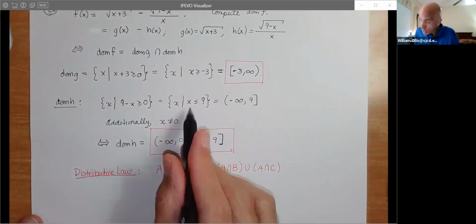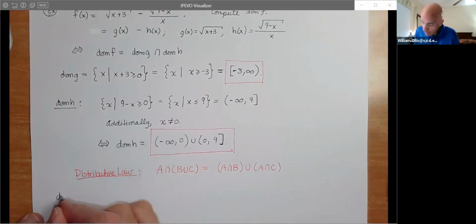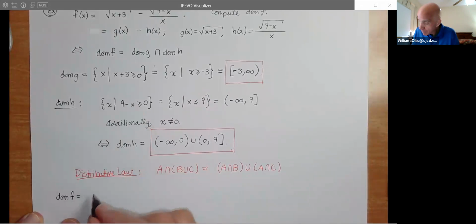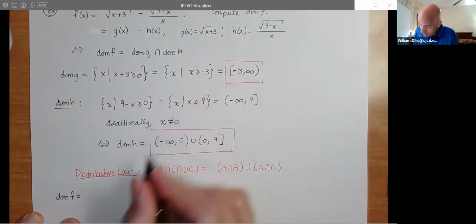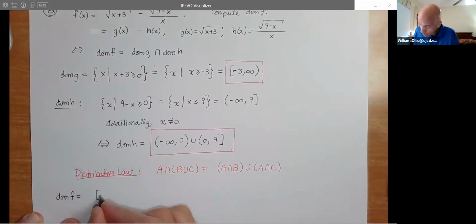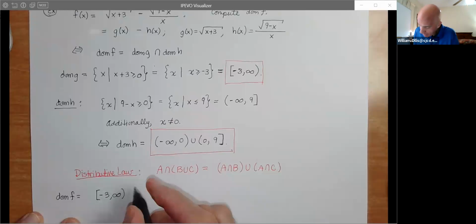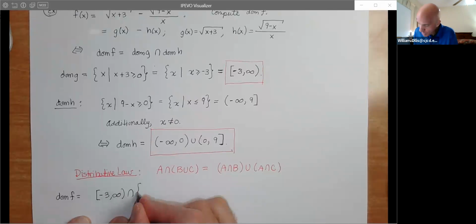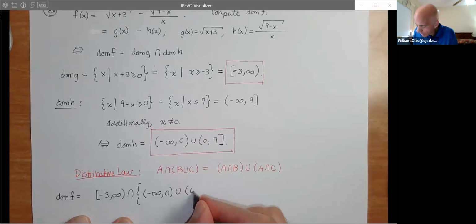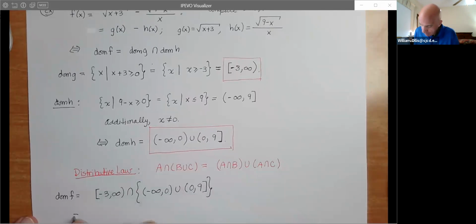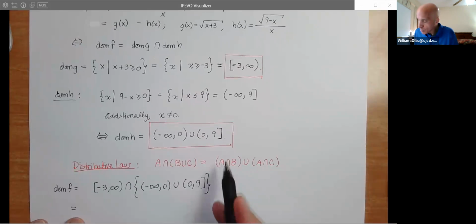So now we'll do it. So we say domain of F will now be, again, G domain, -3 to infinity, intersect, and I'll use set braces, negative infinity to 0, union 0 to 9, brackets. So now what we do is we do this part.